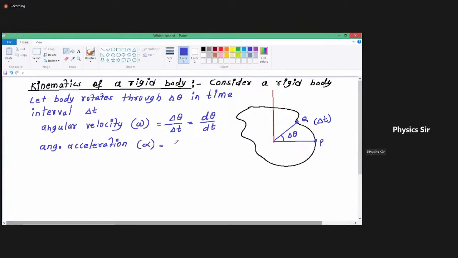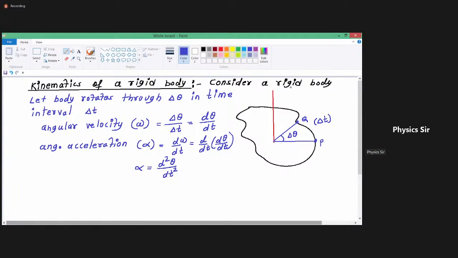This alpha can be written as d by dt of omega, so d by dt of d theta by dt, and this alpha will be d square theta over dt square.